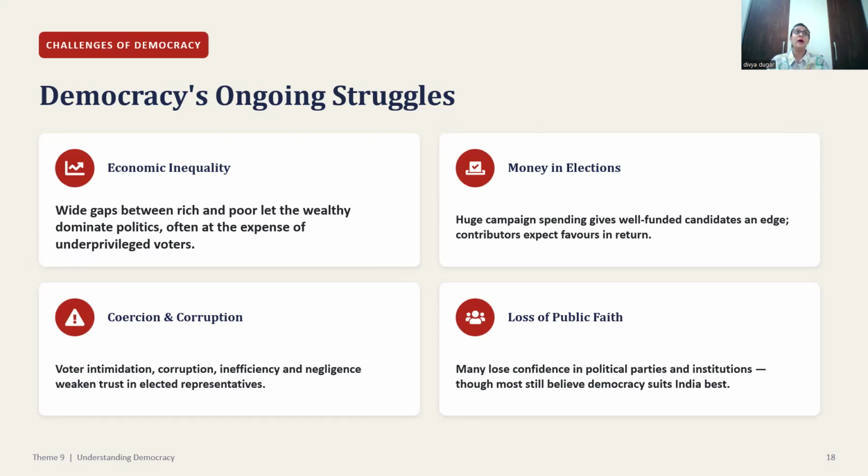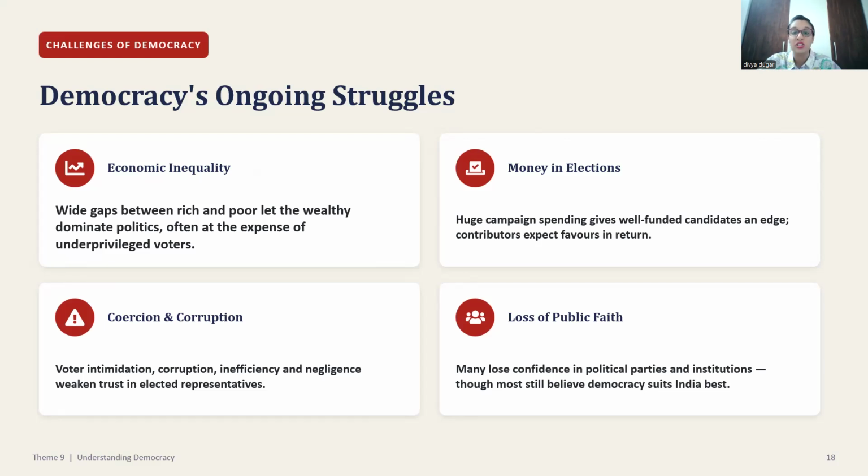Sometimes some political leaders force voters to vote for them. When political leaders force voters to vote for them but the voters don't want to, that becomes part of coercion. It means being forced to do something which you don't want to do.